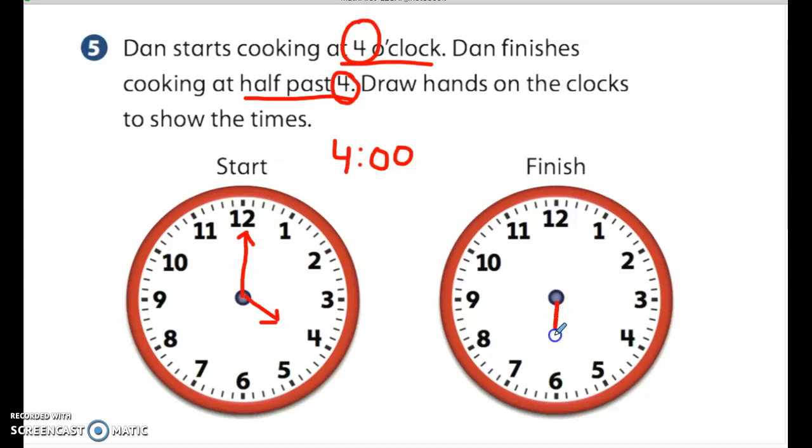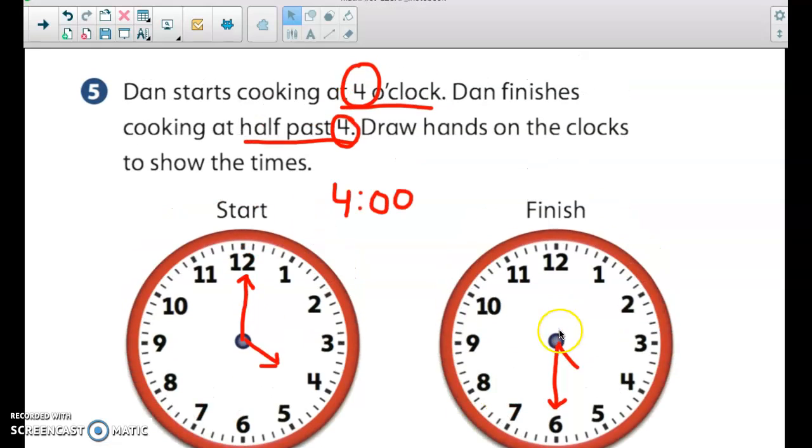So our long hand is going to be the long guy. Remember, the hour is the short guy. And because it's past 4, we're going to draw it kind of in the middle. Oops, that's too long. Let me erase that and start again. How about that? There we go.